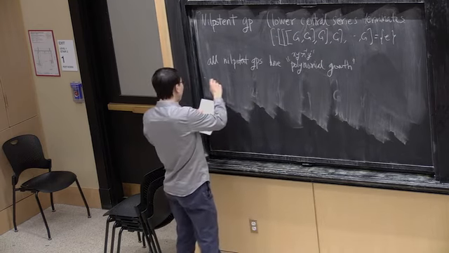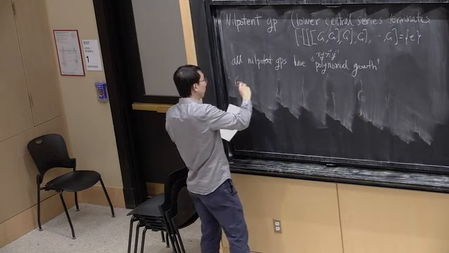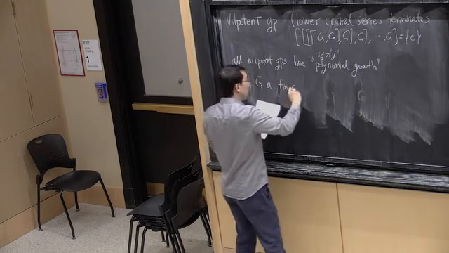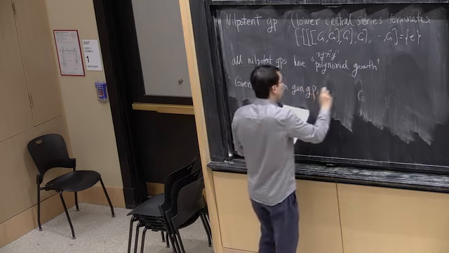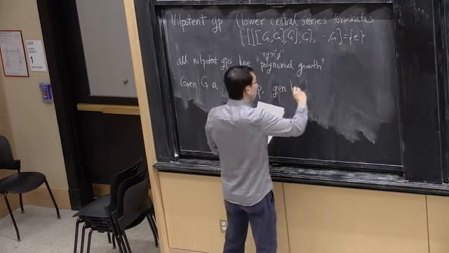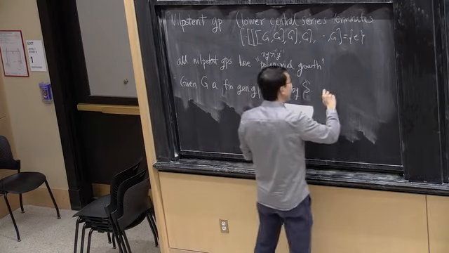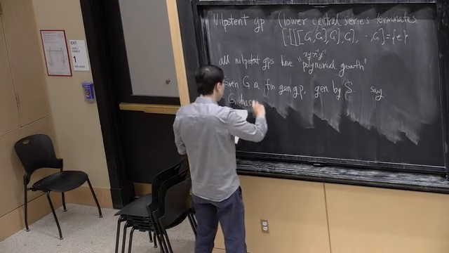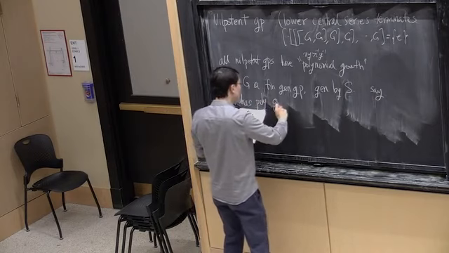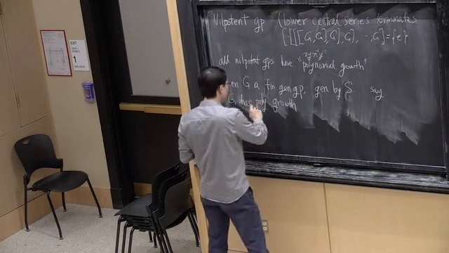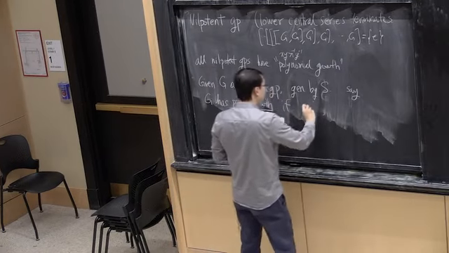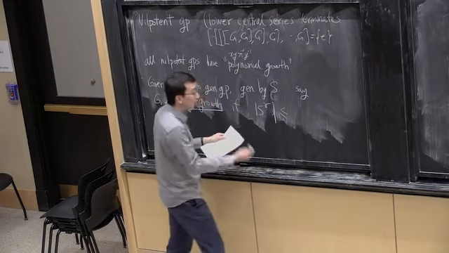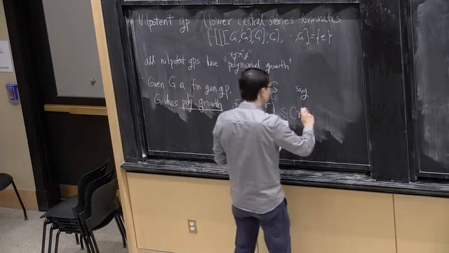And so let me define that. Given G, a finitely generated group, generated by a set S, we say that G has polynomial growth if the size of S to the R grows like at most a polynomial in R.